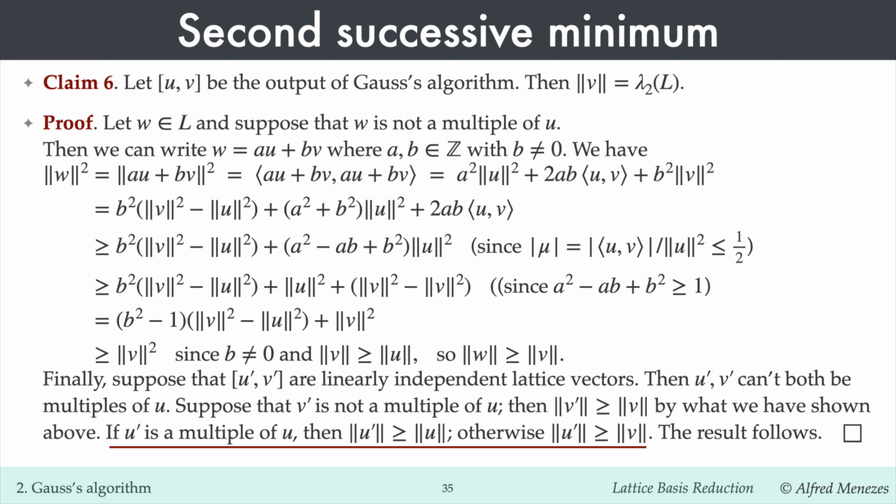Now, if u prime is a multiple of u, then its length is at least that of u. Otherwise, its length is at least that of v, again by the previous argument. In either case, at least one of u prime and v prime is at least as long as v. And this proves the result.